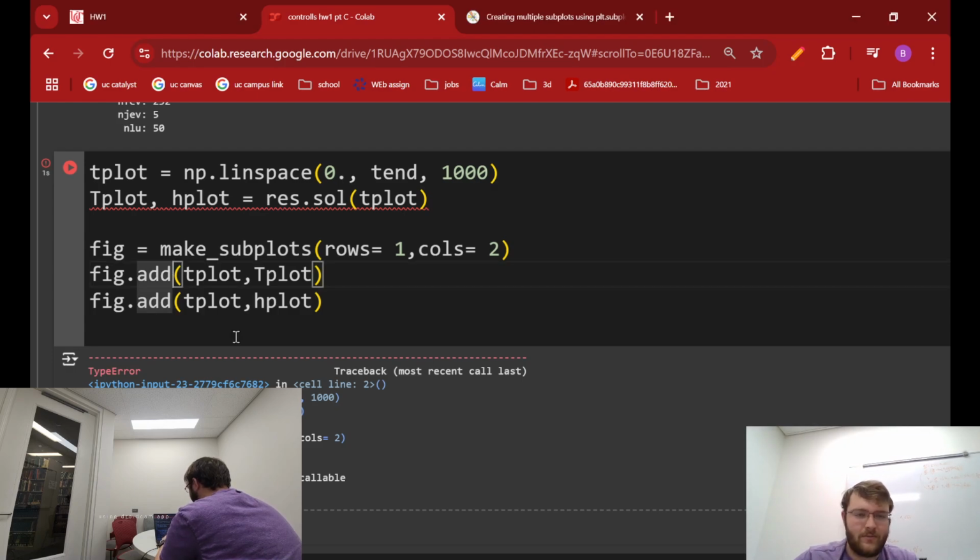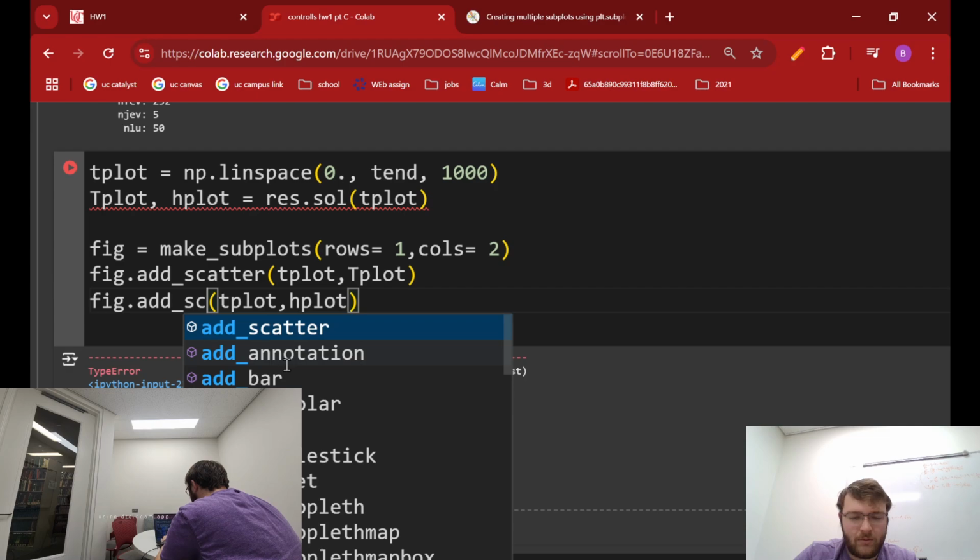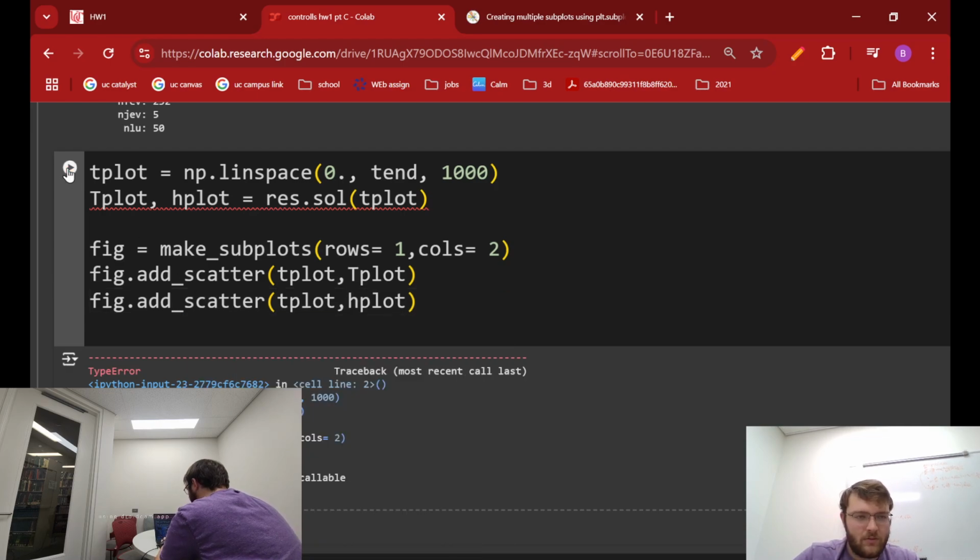I didn't make them scatter plots. I think that's what is causing the problem. We'll see. No. Not the problem.